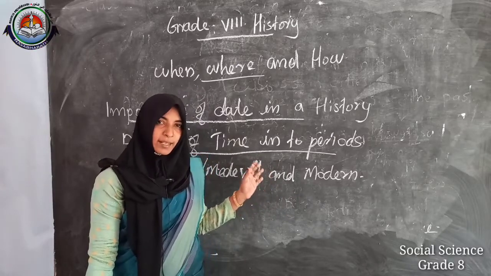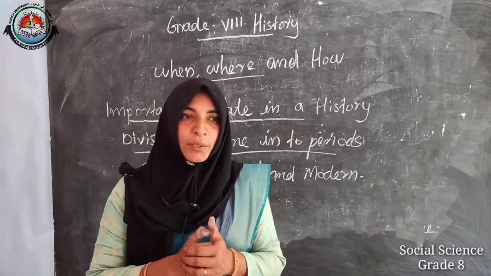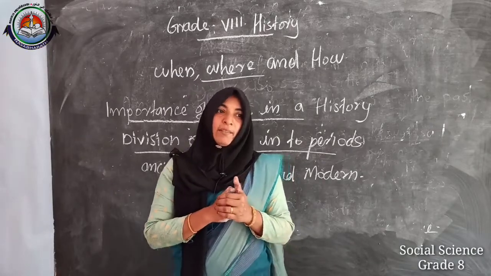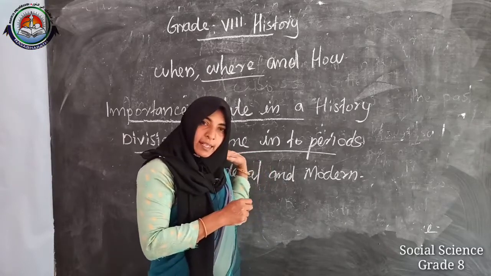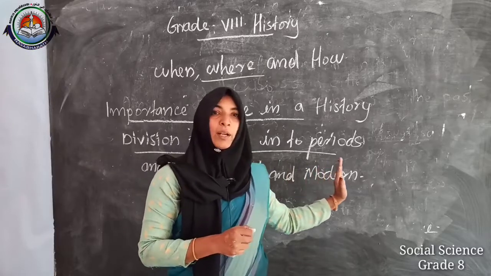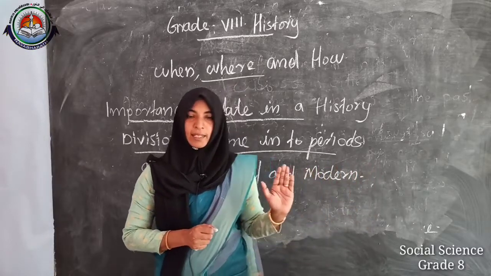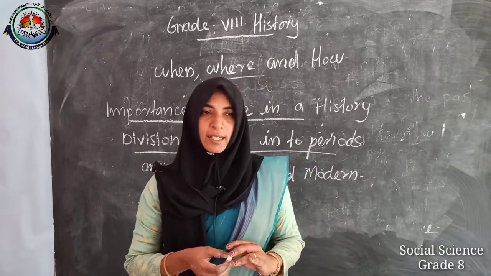New historians. Recently historians have divided our Indian history into three parts, known as ancient Indian history, medieval Indian history and modern Indian history. That is the new categorization of Indian history.